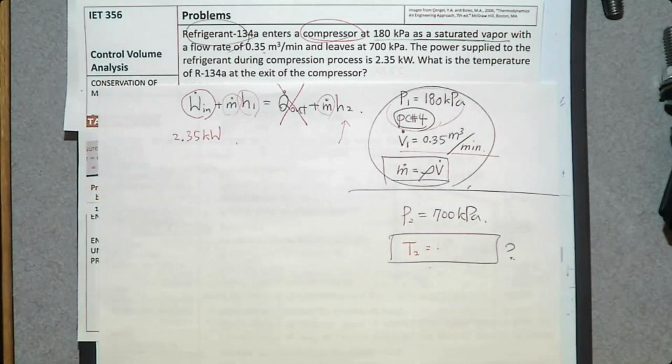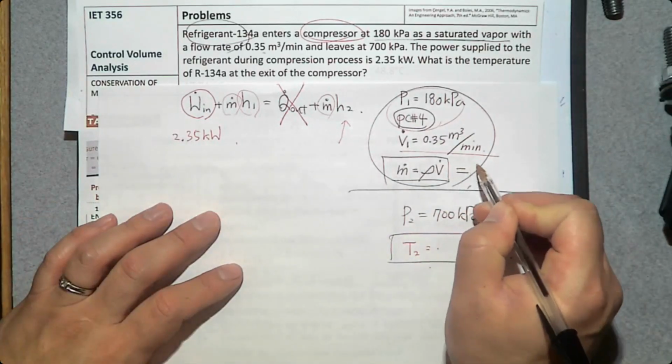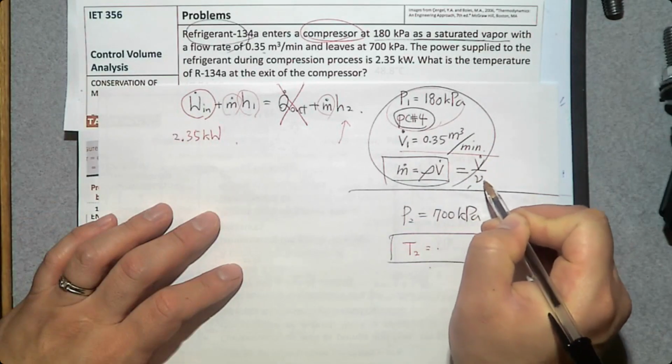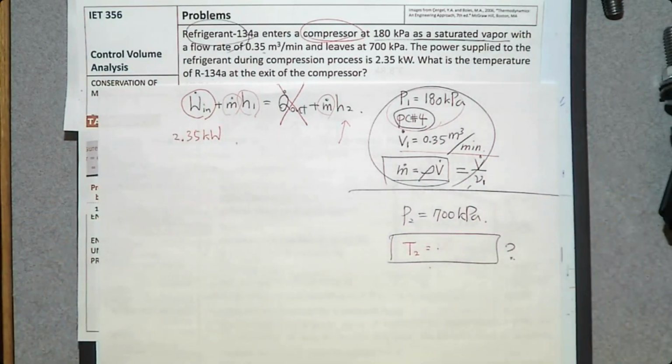So if you want to determine m dot, we need to know specific density. Oh, in thermodynamics, we don't use density. We use specific volume. The density is the inverse of specific volume. So this one is V dot divided by specific volume. So if you know specific volume, you can find the mass flow rate. So let's determine the specific volume. How can we do that?